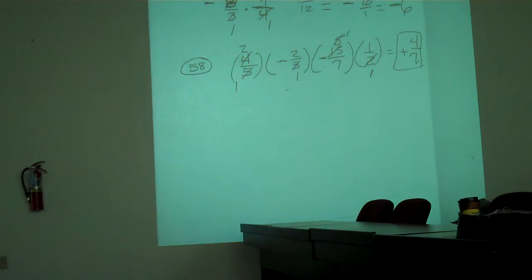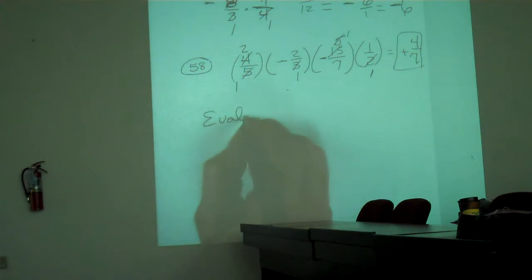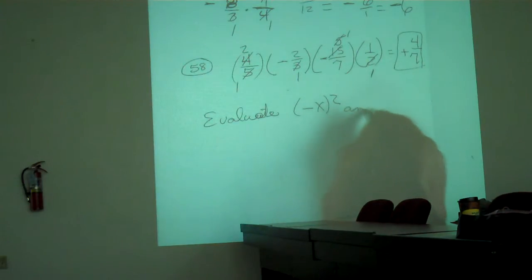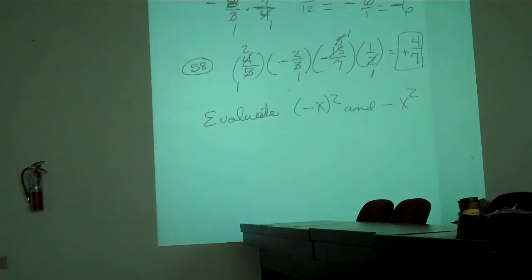Let me show you. We'll do one that's kind of like them. They both say to evaluate negative x squared and negative x squared like this with 2 different x's.